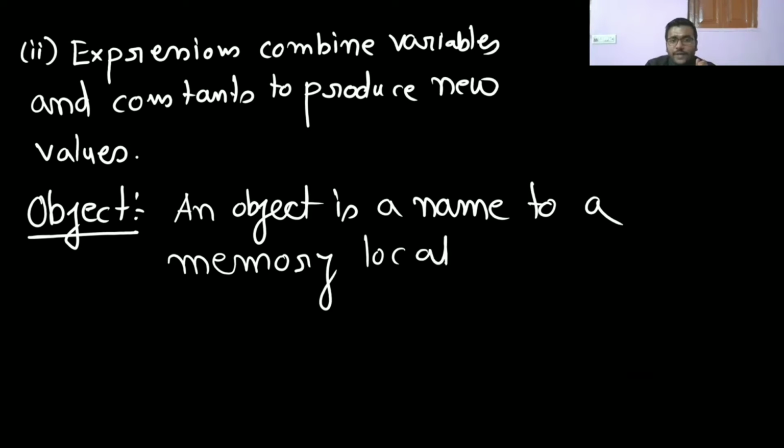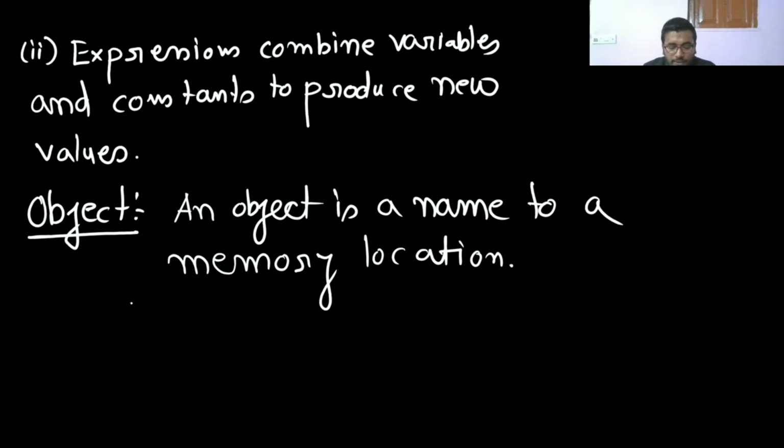So whenever I say object here, you should not take it to mean a C plus plus object. It means an object is a name to a memory location. In this book, they use the term object to say that it is some memory allocation, like some variables. So we combine variables and constants to produce new values.